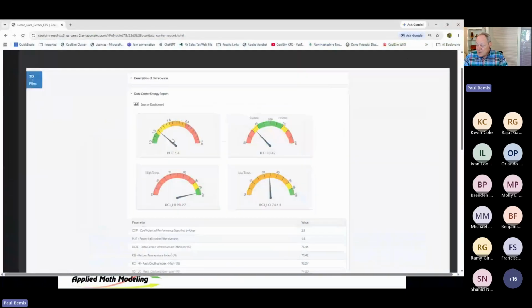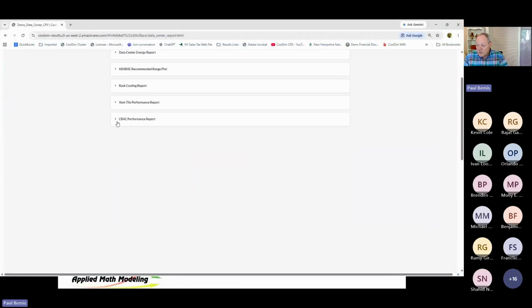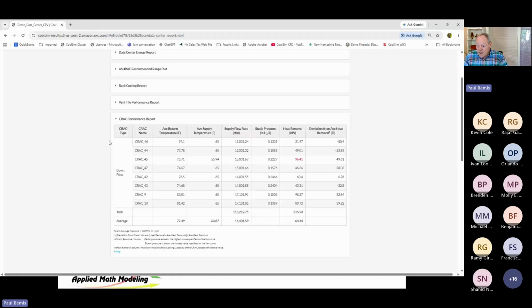And you can see it if we go back now to CRAC performance report, which is the numerical side over here on the right. You can see those average return temperatures not really being where you want them to be. Remember, if your supply temp is 65, your delta T should be, let's assume it's 30. That's a good server, dumping 30 degrees. This should be 95.